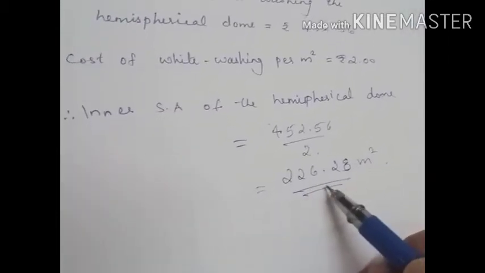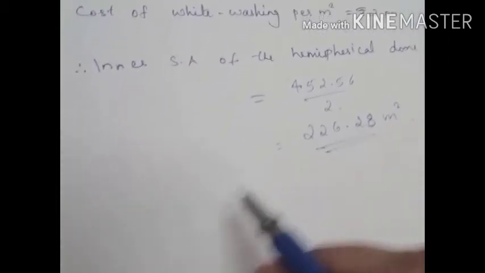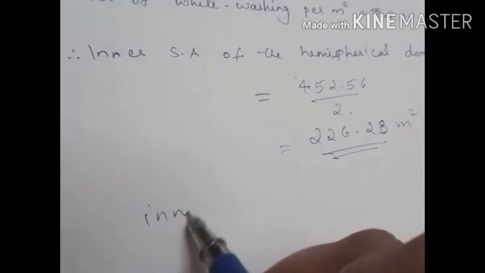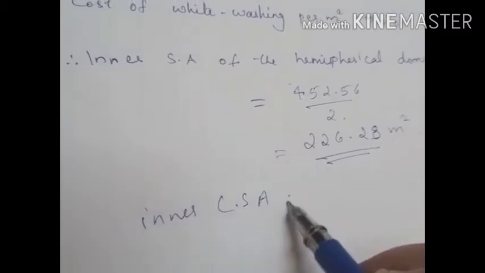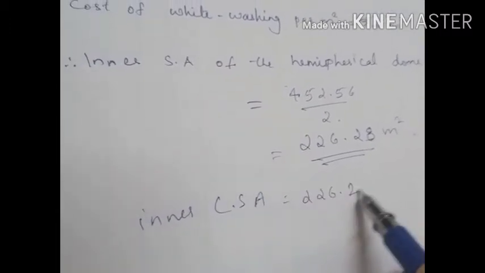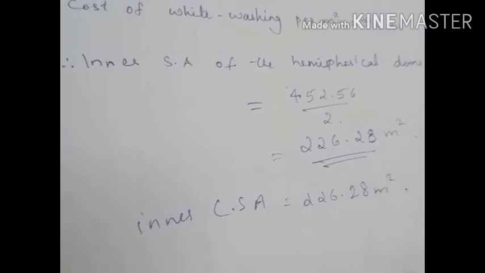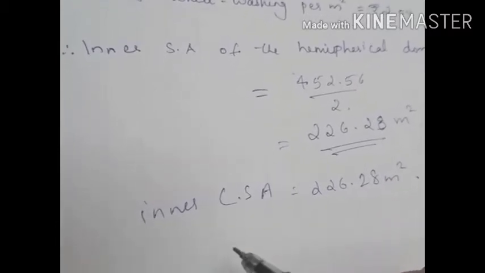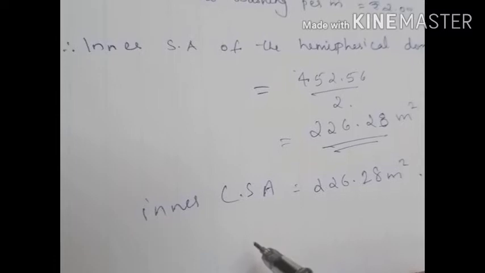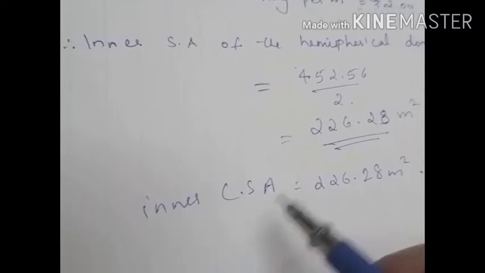This is the inner curved surface area. So inner CSA equals 226.28 square meter.